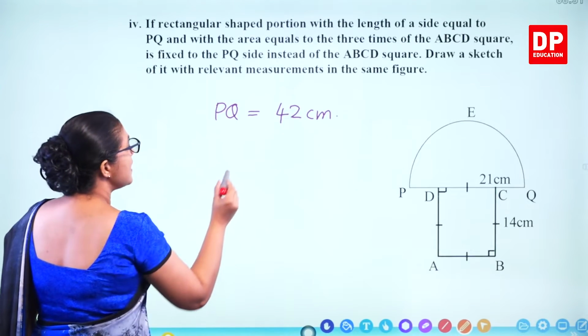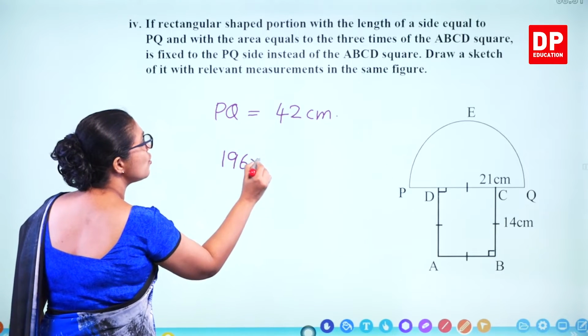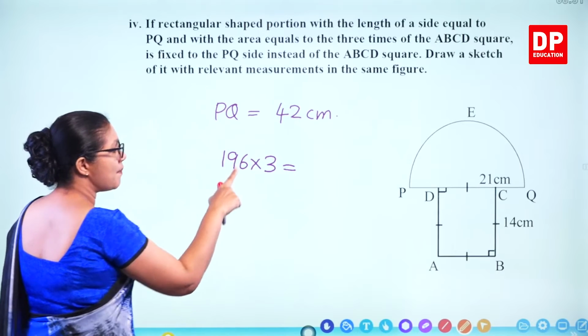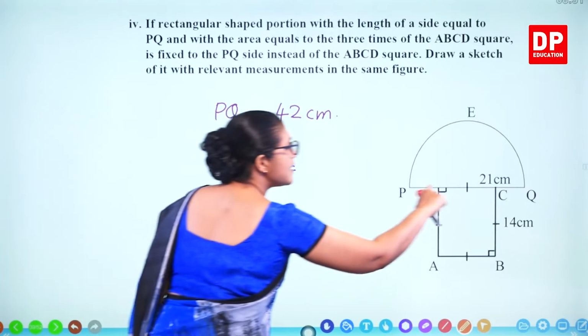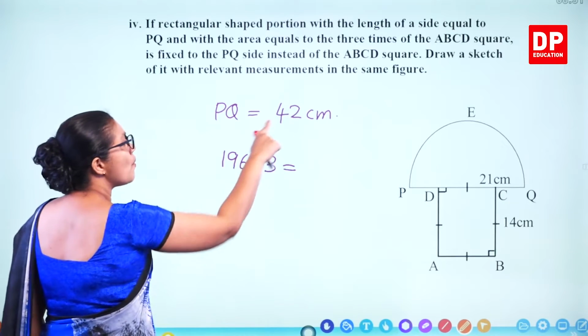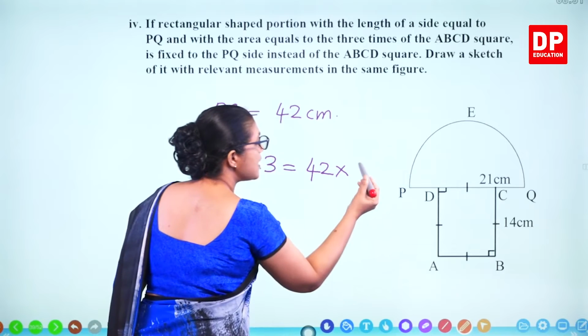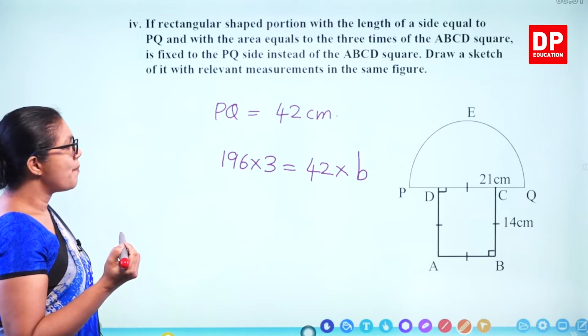Now it says this area is 196 into 3. You can keep it. But we know this length is 21 plus 21, 42. So 42 times width, we'll take as B, breadth. We can find out breadth.